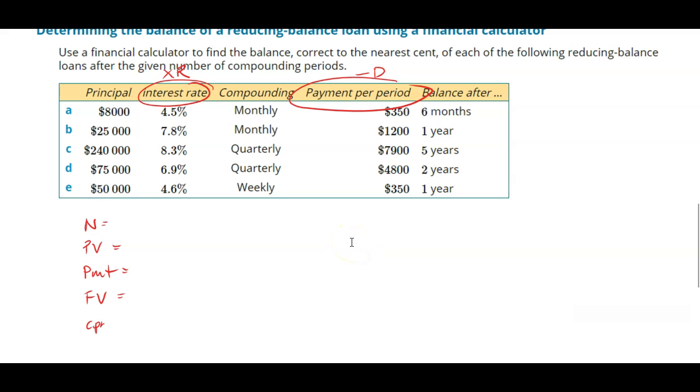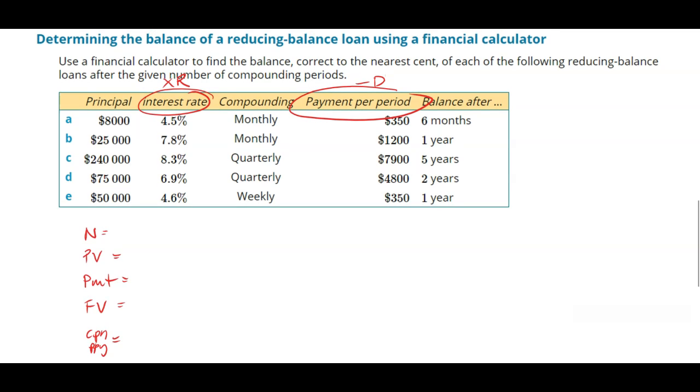And then CPY and PPY, which are pretty much always the same thing, so I usually do them together, but your calculator likes them separate. This question is just about practicing using that. There's one I missed, interest rate, and that goes just below N.